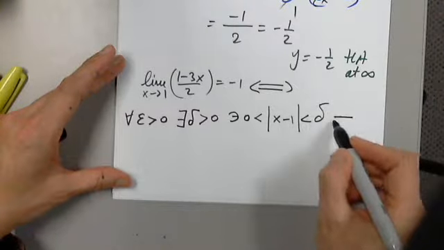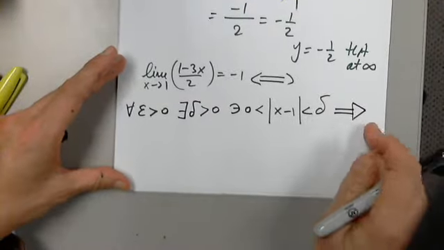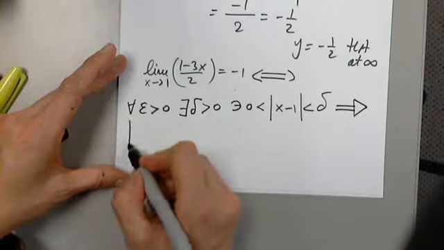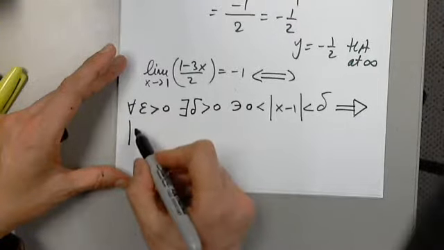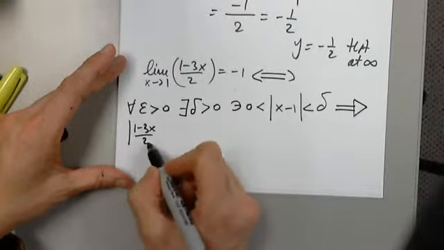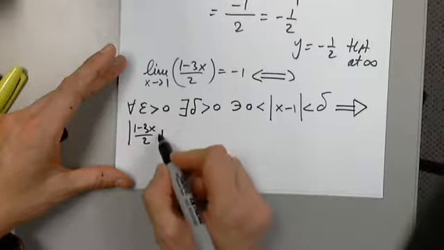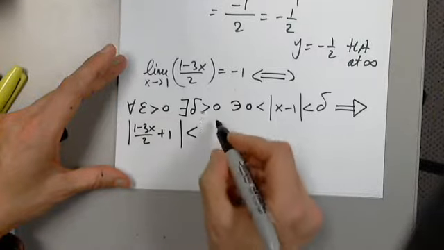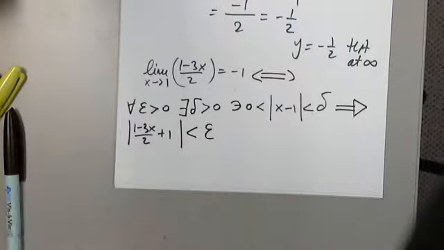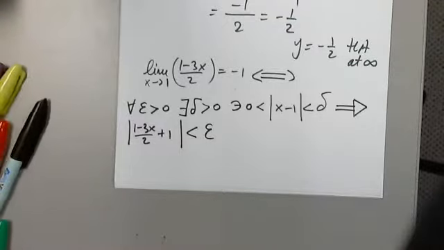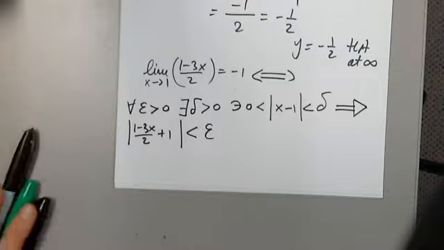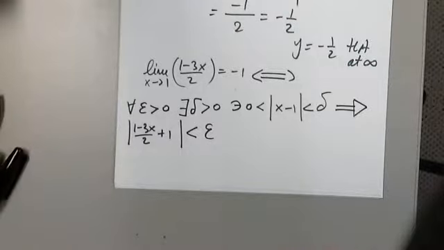Very good. This will result in the distance between 1 minus 3x over 2 and negative 1 being less than epsilon. Awesome. You do not have to use the symbols, just do what fits you. I'm fine, but you have to write the definition somehow.